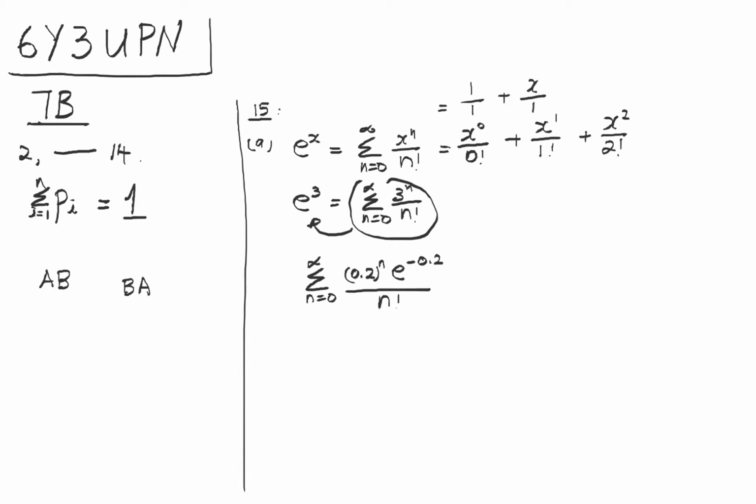In this expression, which term doesn't depend on n? This symbol means sigma. Which term doesn't depend on n? Is it 0.2 to the power n? Is it n factorial, or is it e to the power of negative 0.2?